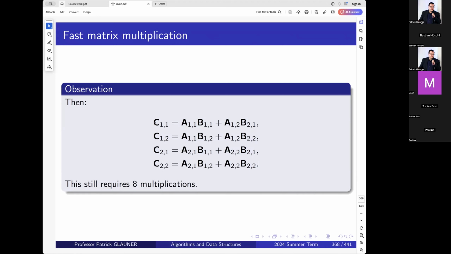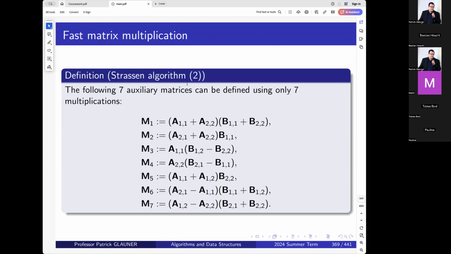And it turns out you can calculate this with fewer multiplications by introducing auxiliary variables. You can introduce 7 auxiliary matrices. I'm not deriving this for you. It took Mr. Strassen quite a while to derive this on his own decades ago. And what he derived are 7 helper matrices.